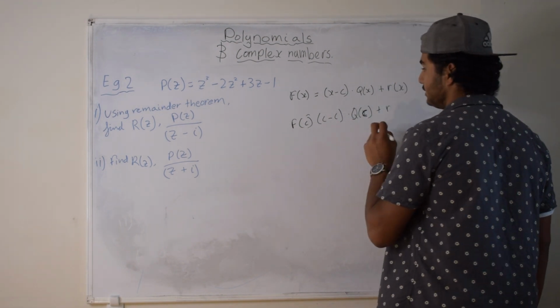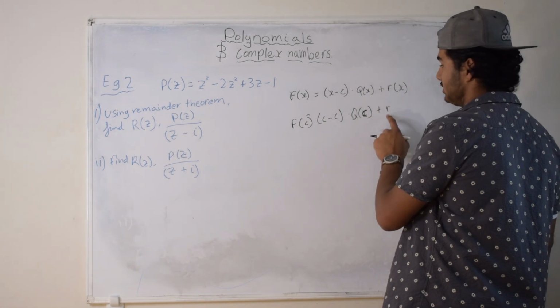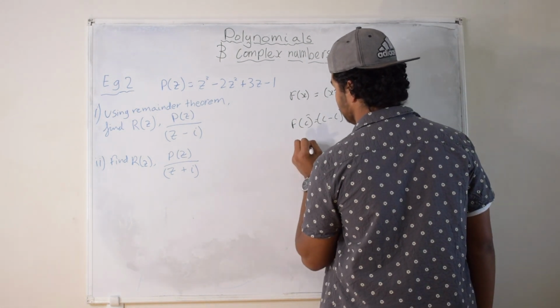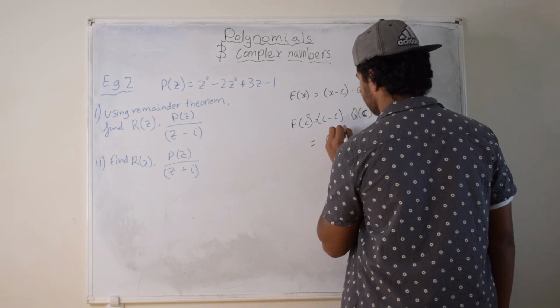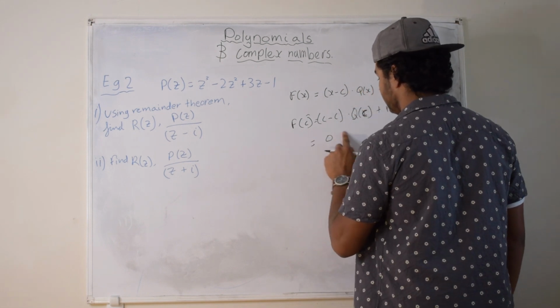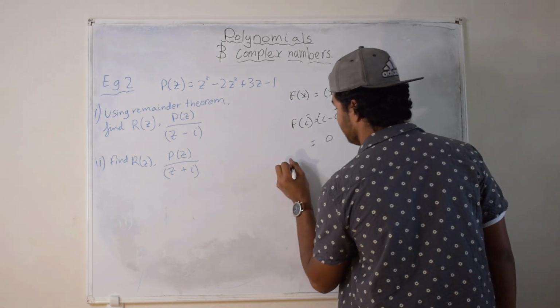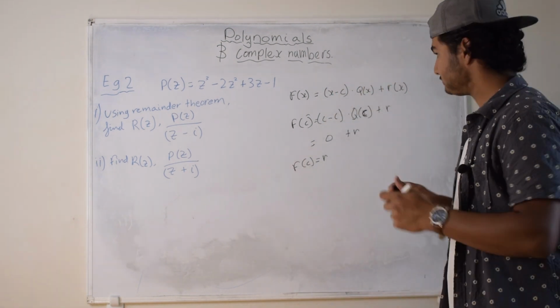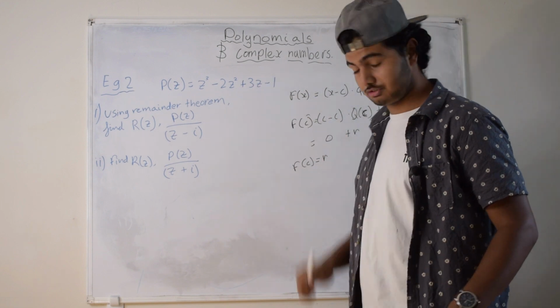Remember, the remainder is just a constant. This gives me 0 multiplied by q of c, which is just 0, plus r. Therefore, f of c equals r. Remember this. This will help us in this question right here.